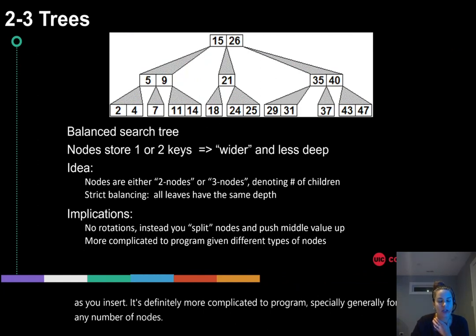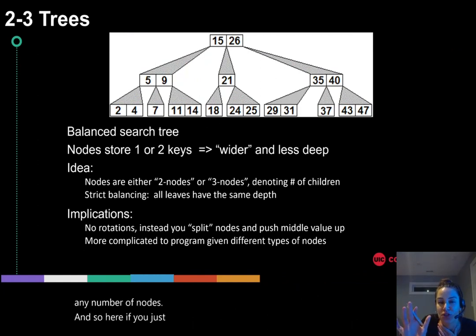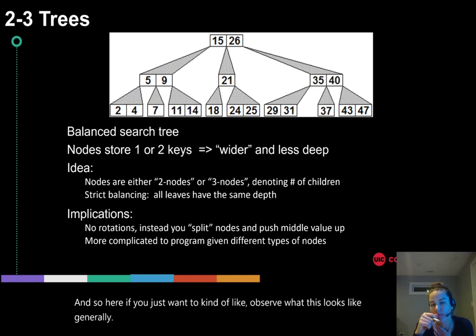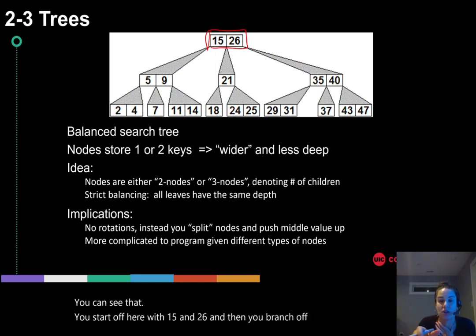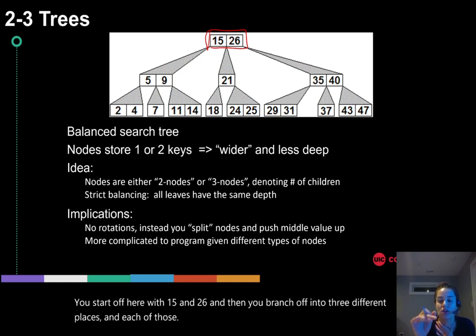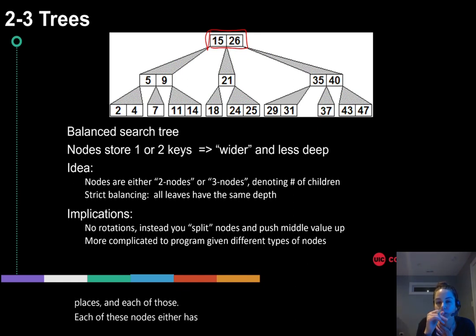If you just want to observe what this looks like generally, you can see that you start off here with 15 and 26, and then you branch off into 3 different places, and each of these nodes has either 1 or 2 values.